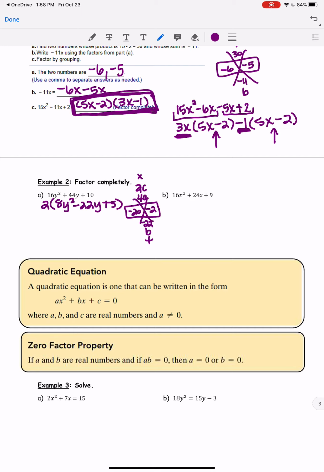Now, in the first lesson we did with factoring, that just became y minus 20 and y minus 2, and we were done. Here's where the hard part comes in. It's not hard, it's just more steps. We've got to factor by grouping, and we do that by rewriting this middle term. Because if we say this is our answer, right here from the beginning, y times y gives me y squared, and I need an 8y squared.